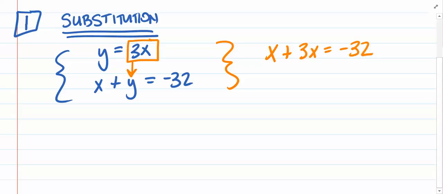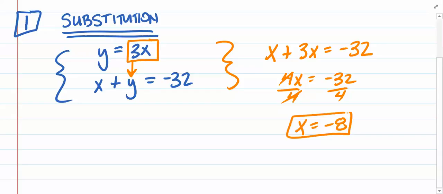This situation is much more inviting for us simply because now I have one equation with only one variable in it. The variable is x. If I have one equation with one variable, well, I can solve for that variable. Obviously, 4x is worth negative 32. Dividing by 4. Hey, how much is 32 divided by 4? So that would be a value of negative 8.